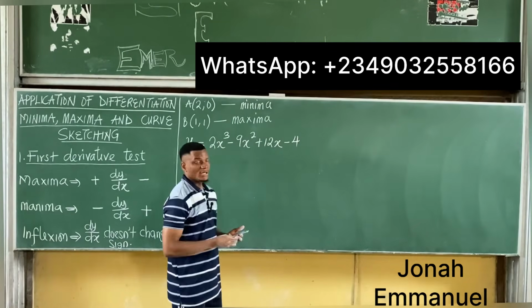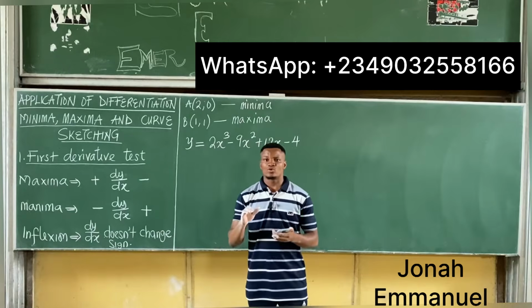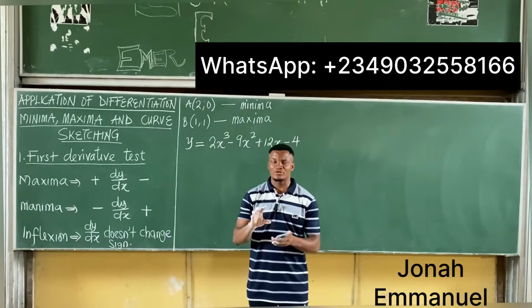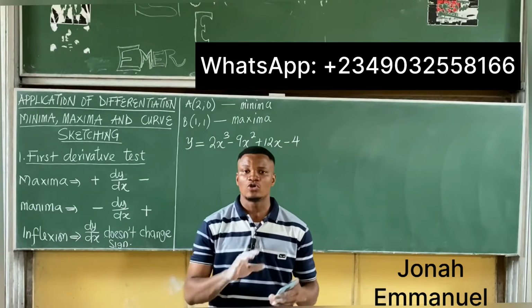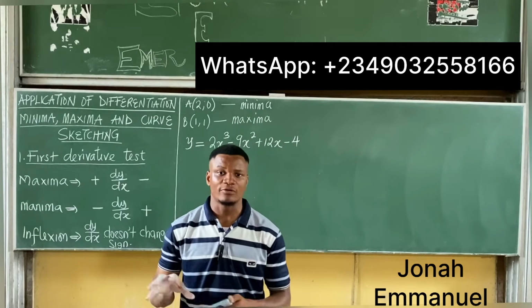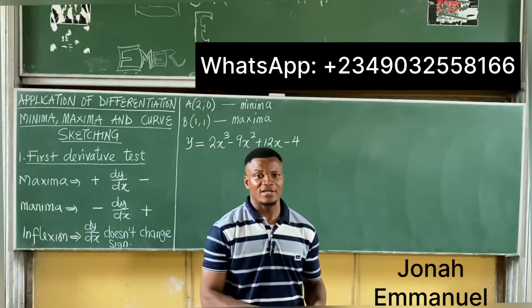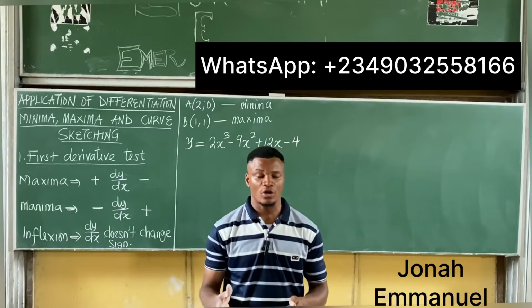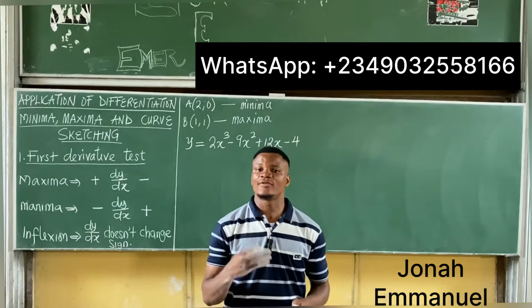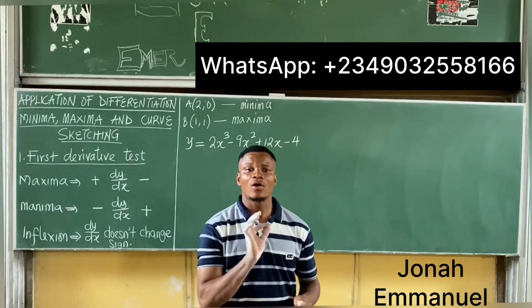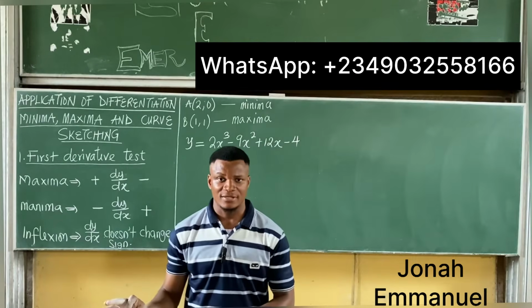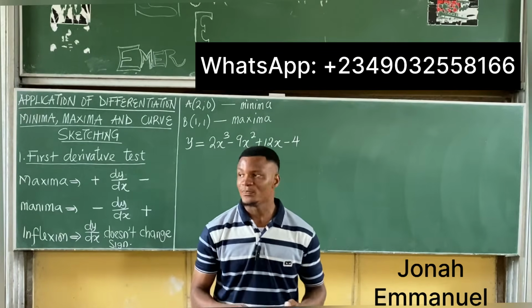So when it comes to doing your curve sketching, there are two aspects to it. The first aspect is looking for your minima and maxima, which we've done. Your second aspect is to look for the roots of the equation. By the roots of the equation, we simply mean the point where the curve cuts the x-axis. So those are your roots of the equation.